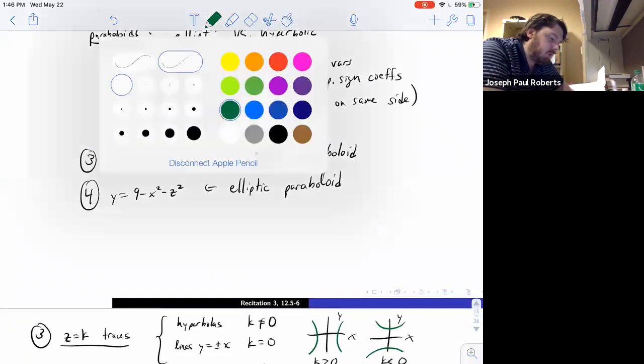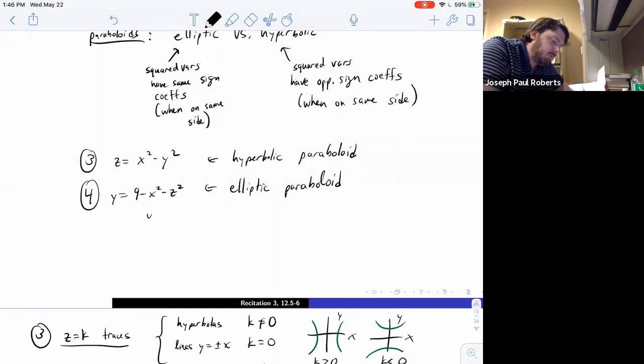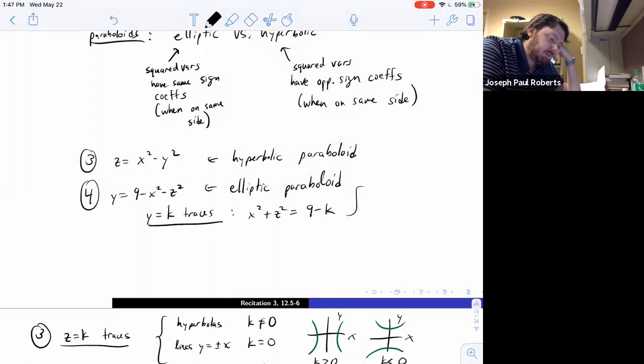Whereas equation 4, if I do my y equals k traces, I get that I can rearrange it to x squared plus z squared equals 9 minus k, which I see is going to be a circle when k is strictly less than 9.